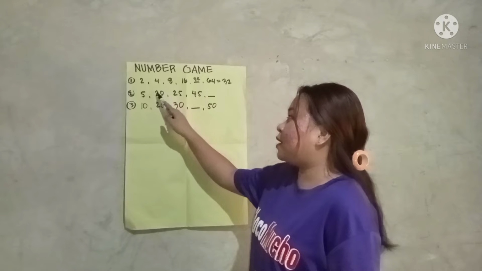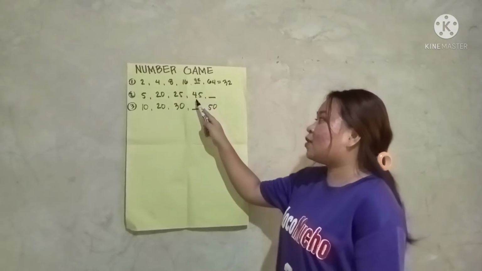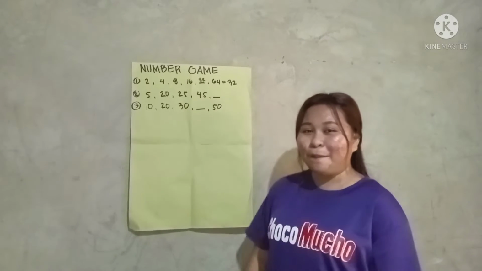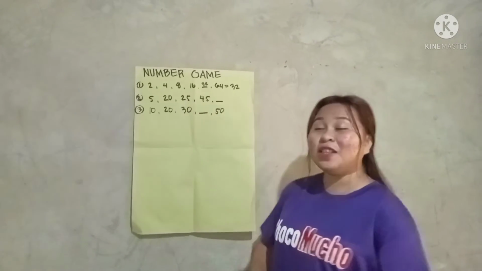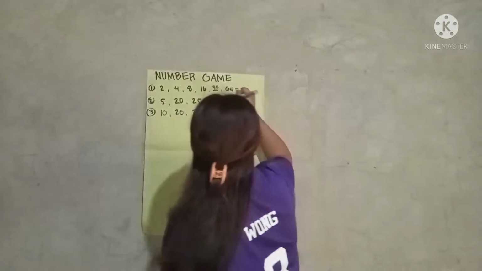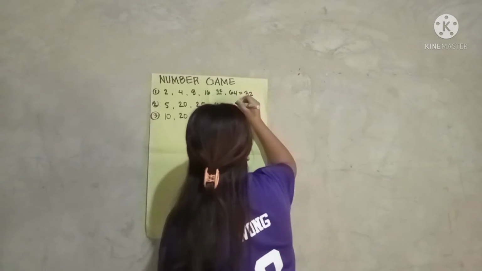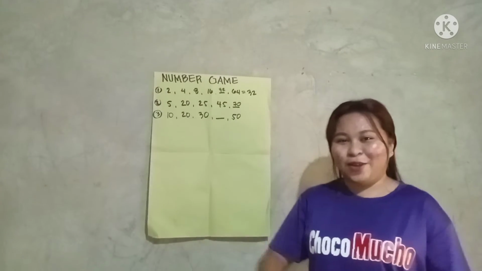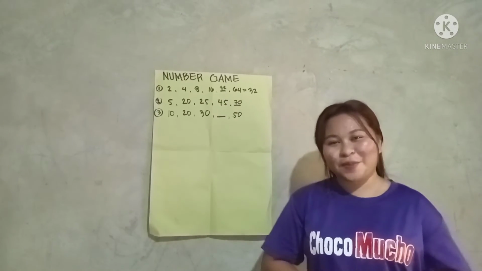And then 25 plus 20 equals 45. So let's add 45 and 25 and we will get the missing number. So 45 plus 25 equals 70. So 70 is our missing number. There. So 70 is the missing number.